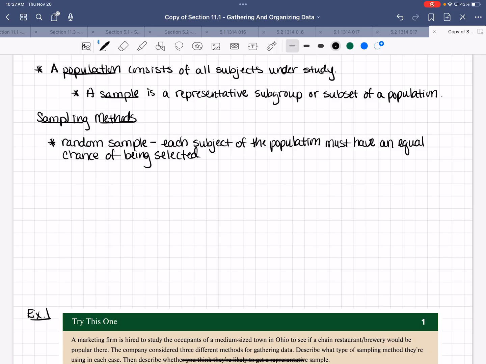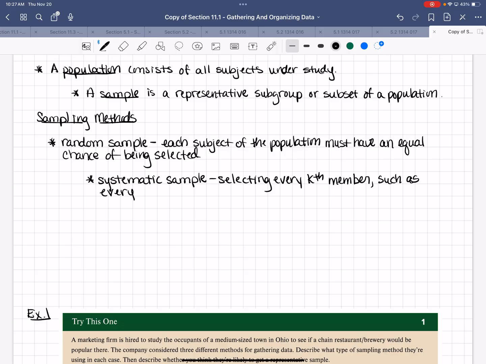So, we have what we call a systematic sample, which is selecting every kth member, and I'll tell you what that means in just a second, such as every third member.